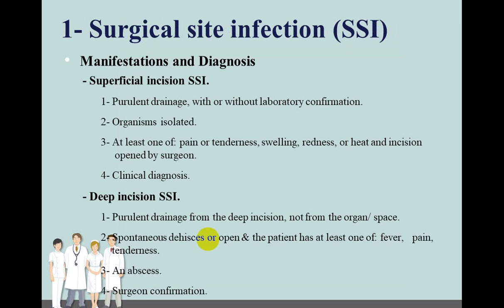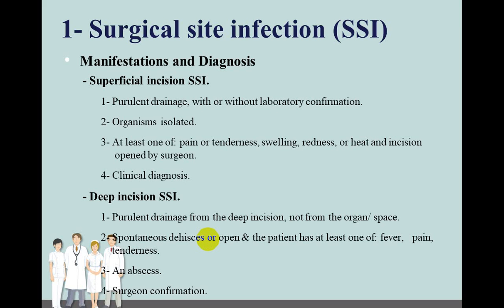Manifestations and diagnosis. You have to look for purulent drainage from the incision in superficial surgical site infection. Purulent discharge, pus coming from the surgical site, with or without laboratory confirmation.